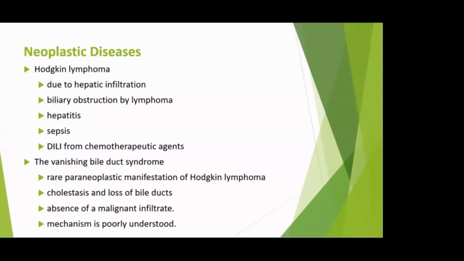Usually here we also see vanishing bile duct syndrome because of the prolonged cholestasis, and this is a rare finding. It's reported as a rare paraneoplastic manifestation of Hodgkin's lymphoma, in which cholestasis and loss of bile ducts are seen in the absence of a malignant infiltrate, and the mechanism of which is poorly understood.